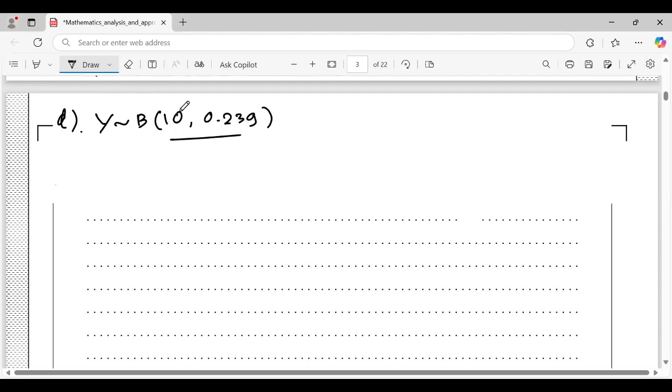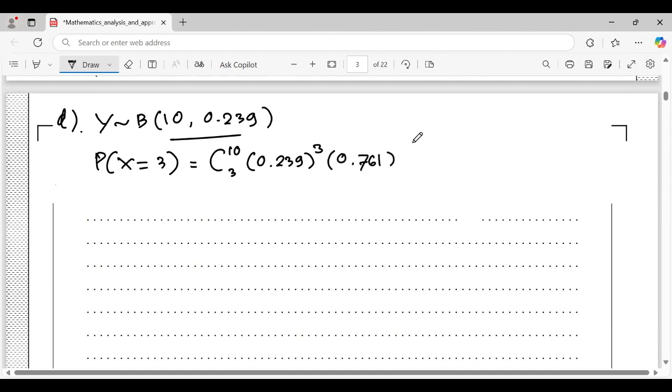10 is 10 trials. So the probability X equals 3, according to the question, is the combination 10 choose 3, P is 0.239 cubed, times 0.761 power 10 minus 3, 0.761 because 1 minus 0.239.